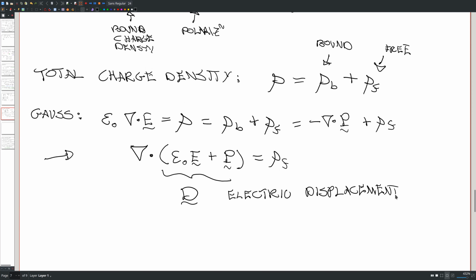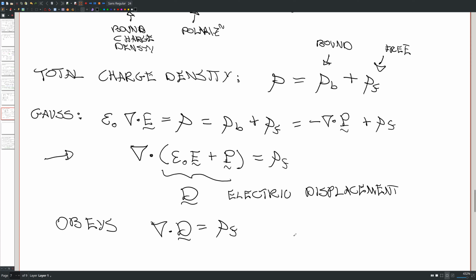That's the big conceptual leap. And it obeys the equation that we've just written here. So div D is equal to rho F. Everything you know about playing with divergence applies to this new equation.